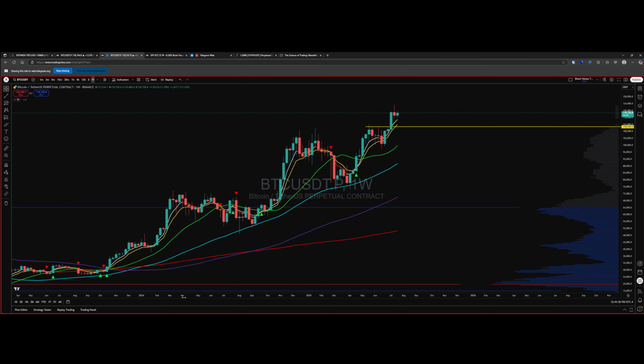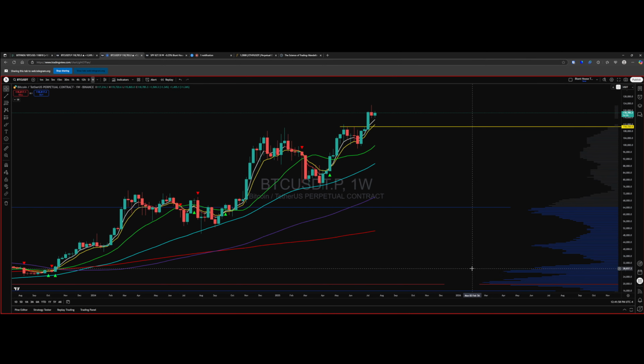This weekly, if it was to break down, could get a little on the scary side. Why? Because we had a parabolic run up, which spreads out our ranges that we've shown that we come back and take care of. We know that happens. What do we know about this? That gray area on your volume profile.